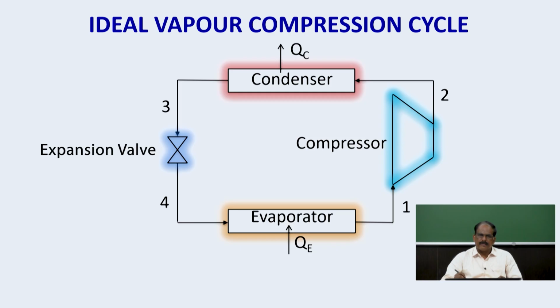Again, this low pressure refrigerant vapor is compressed, where its pressure and temperature are raised to condenser pressure. Then it goes to the condenser, where it is condensed. The high pressure liquid refrigerant comes out of the condenser. Then throttling takes place during process 3 to 4 in the expansion device, before the liquid refrigerant is evaporated in the evaporator.